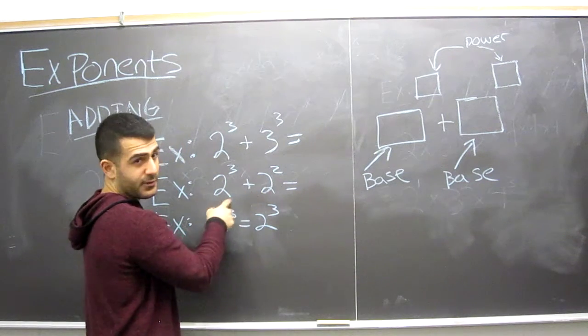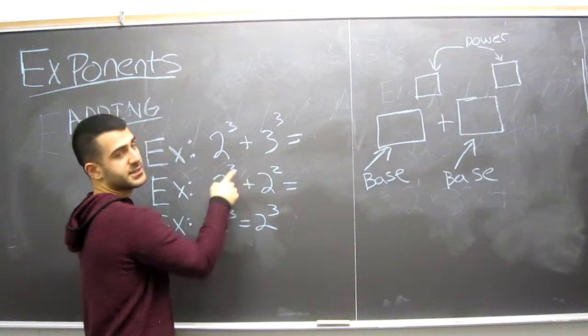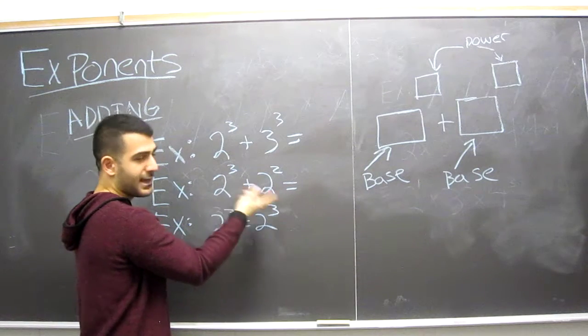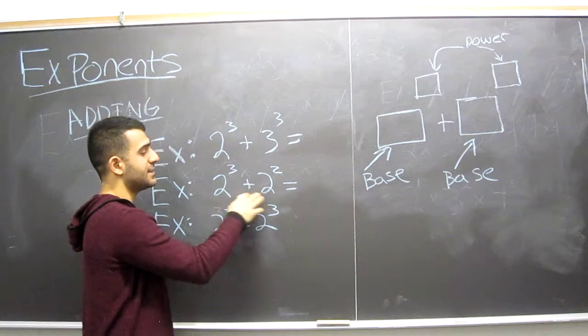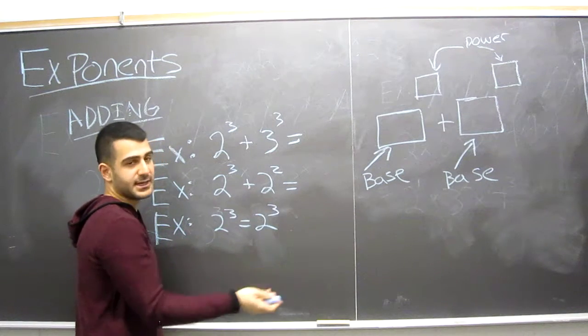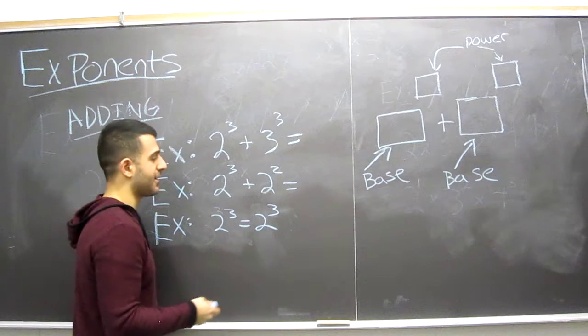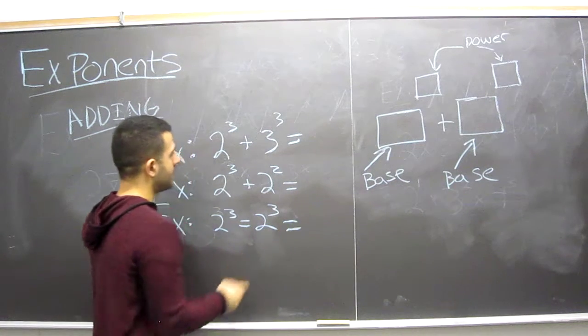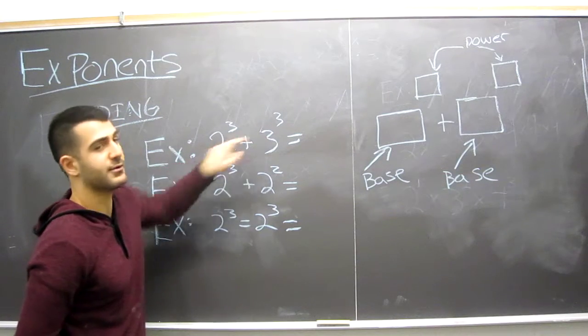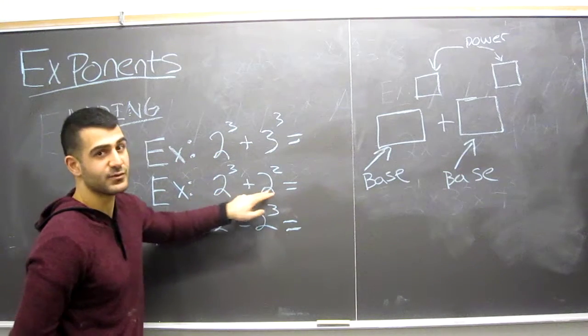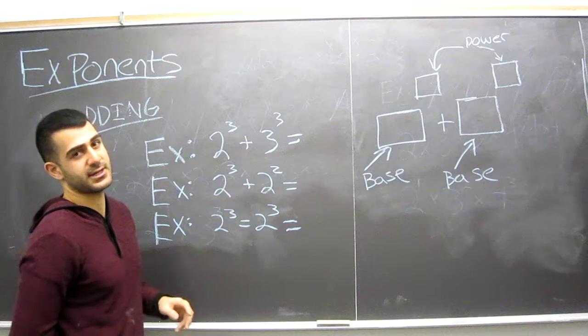Now, the bases are the same, but the powers aren't the same. So again, in exponential addition, there's no way to simplify this without using a calculator or actually doing the mental math. Okay, so let's review. This one, bases weren't the same, but the powers were the same. This one, the bases were the same, but the powers weren't the same.